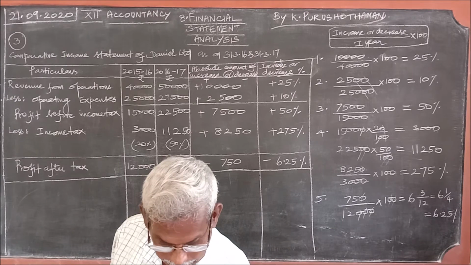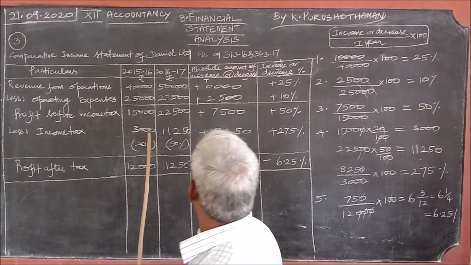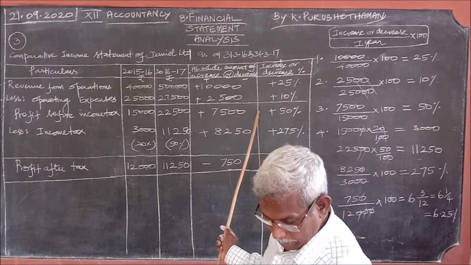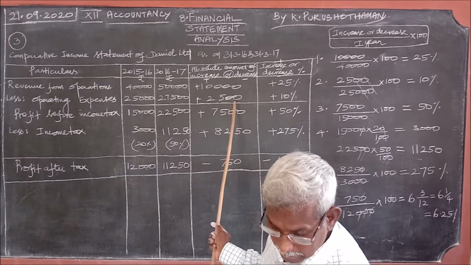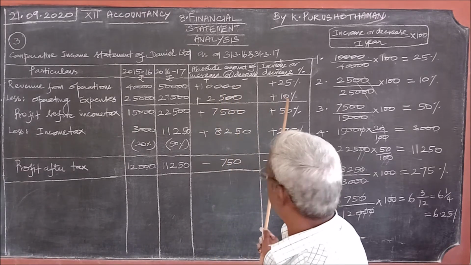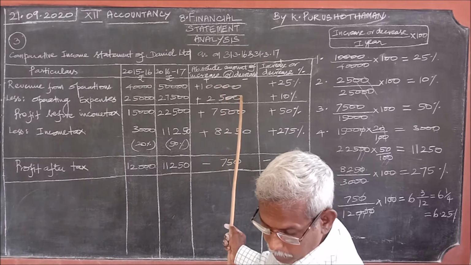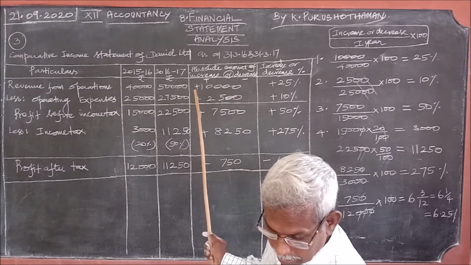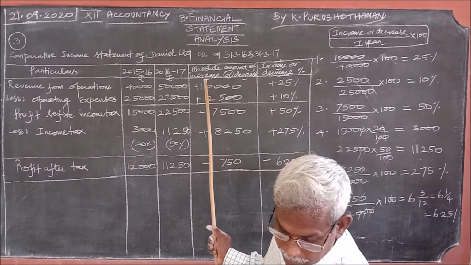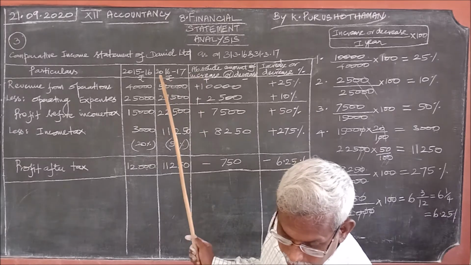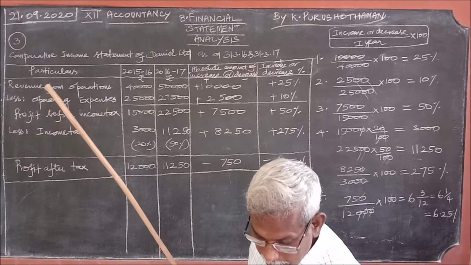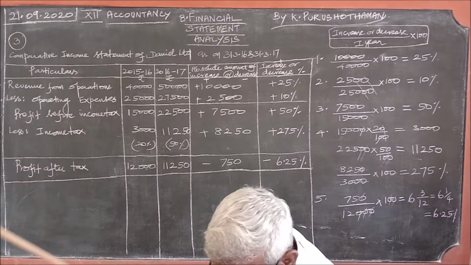Here, revenue from operations 25% working, operating expenses 10% working, then profit before tax 50%, and the tax is 30%.